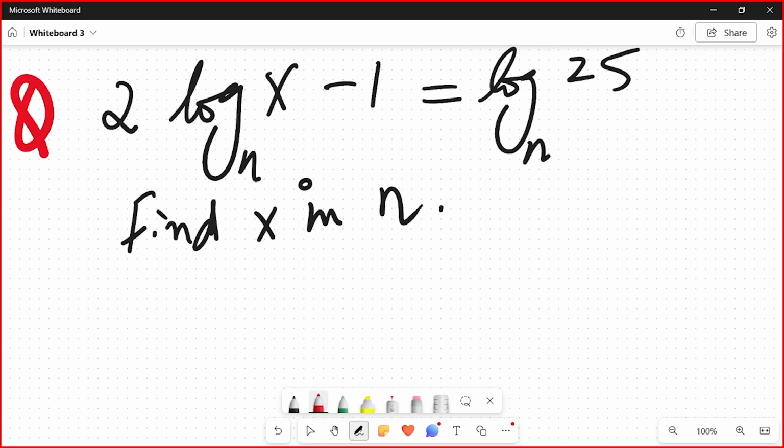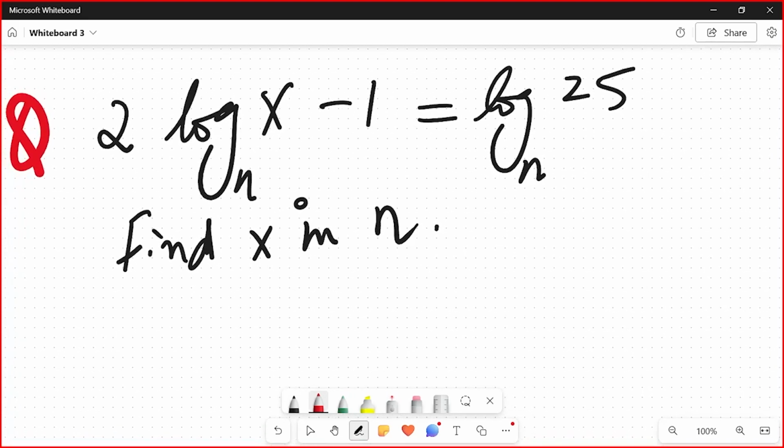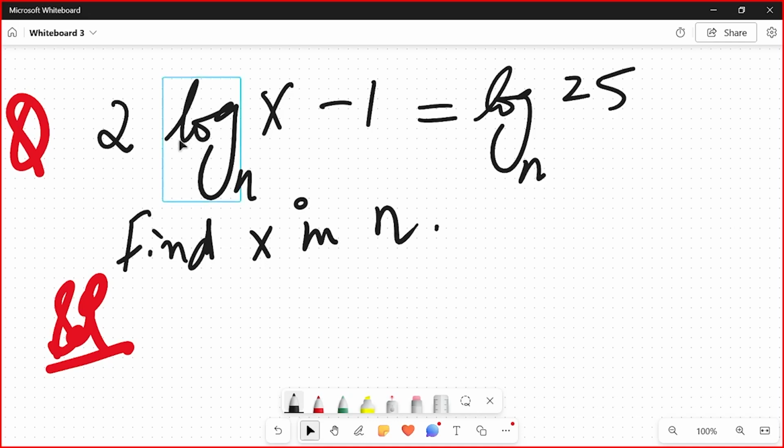Okay, we would do that. If I look at this question, there is something interesting to see. On the right side is log to the base n, and on the left it is also log to the base n, and then there is minus 1.